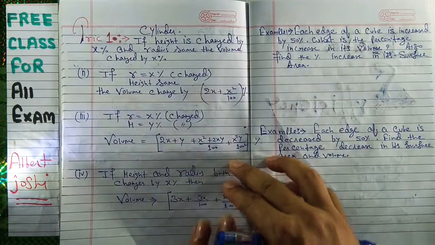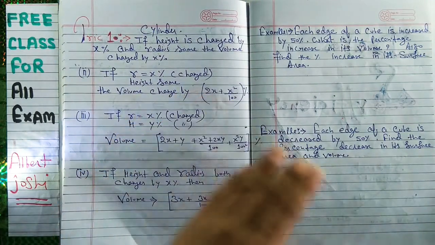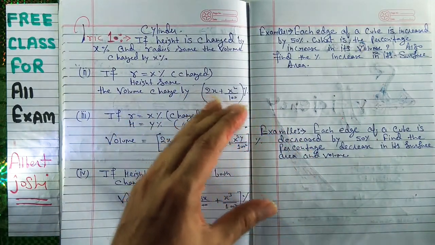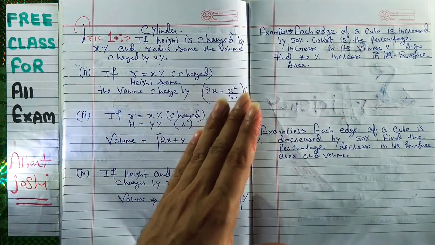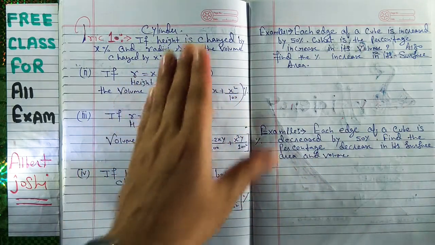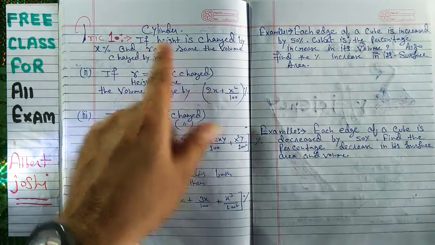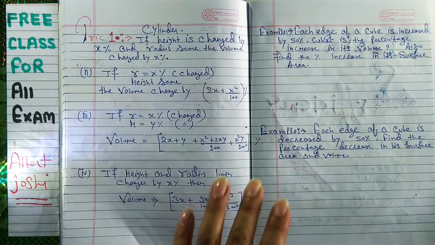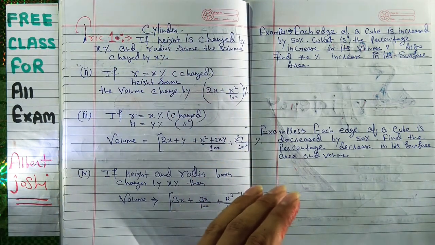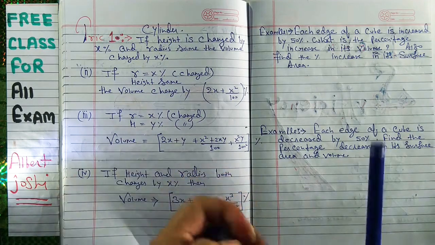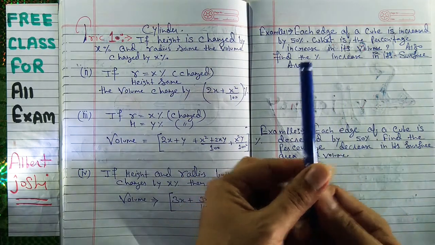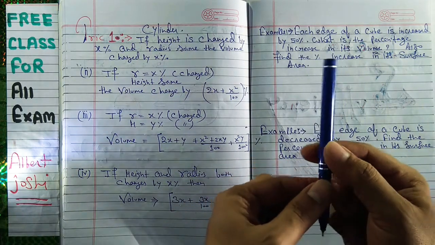Now the next question. In this question I will give you 4 tricks, because the examiner has asked in different ways, so I have written all the tricks. The first trick is based on the cylinder. So what is a cylinder? Any object like your pen is also a type of cylinder.